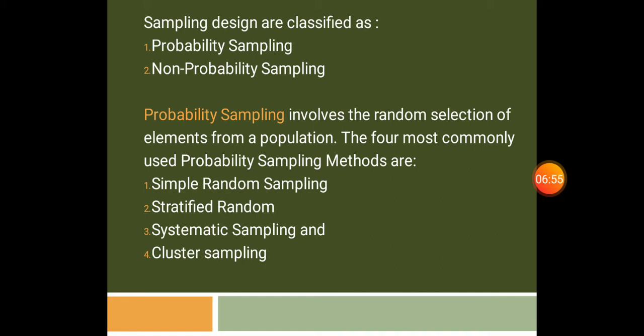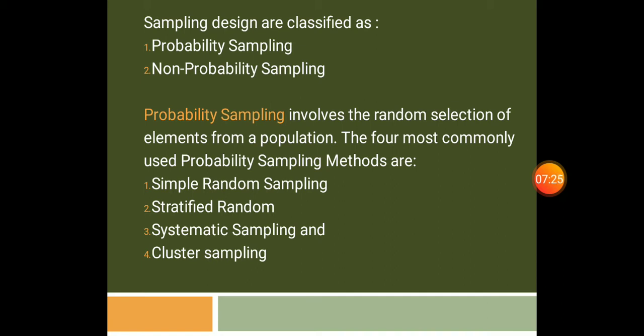Why? Because as mentioned in the previous session, we select a sample to study that population. But it is a very tedious process to go to each and every unit of the population. So we select a sample. Ultimately, once we get the result of that sample, we go back to the target population in which we need to do the study, and say that the result of the sample can be generalized to the population.